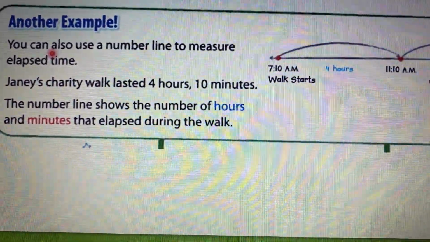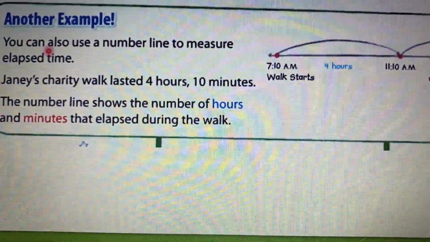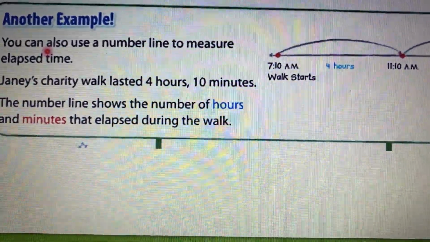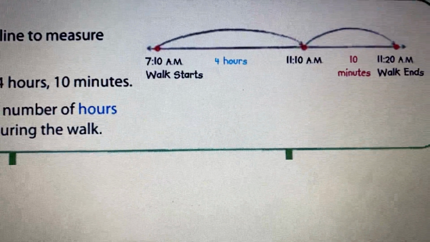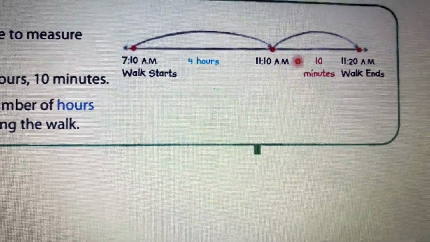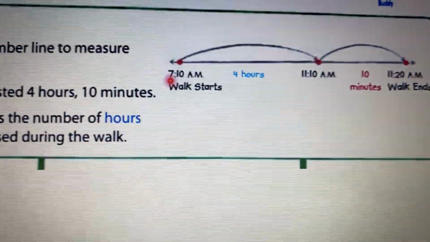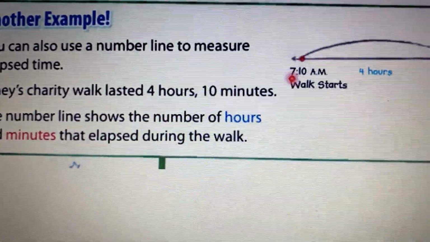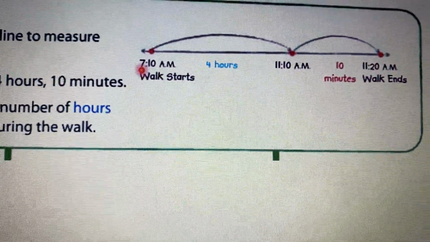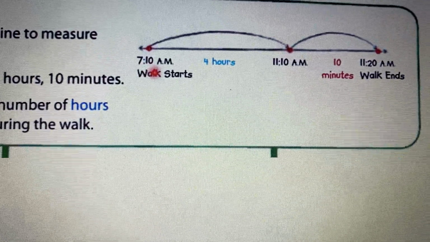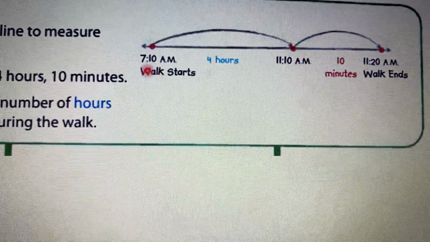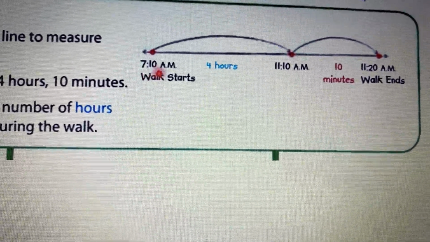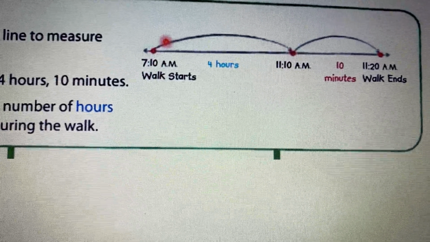Okay, we can use another way to measure the time, to measure the elapsed time. We can use the number line. Now, what's her name? Janie started her walk at 7:10 a.m. Okay, so from 7 a.m. till 11:10, I needed 4 hours.